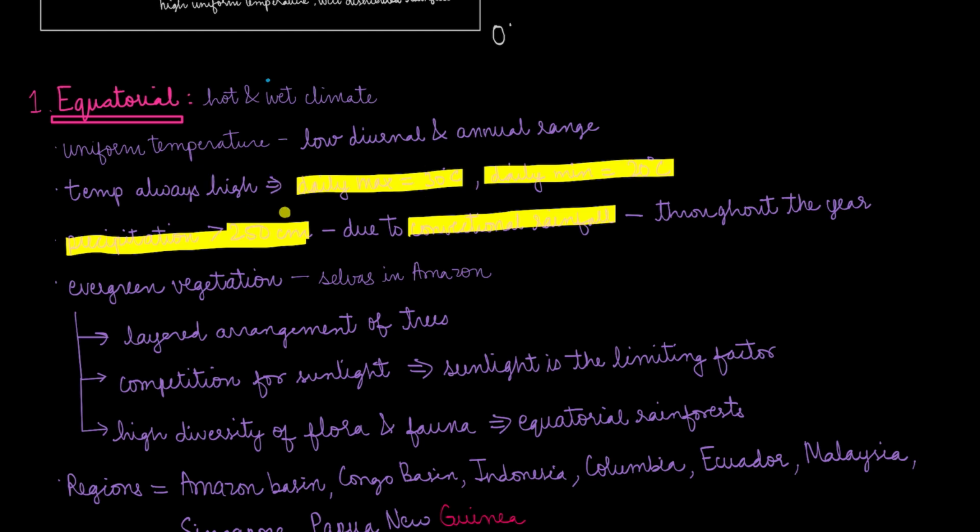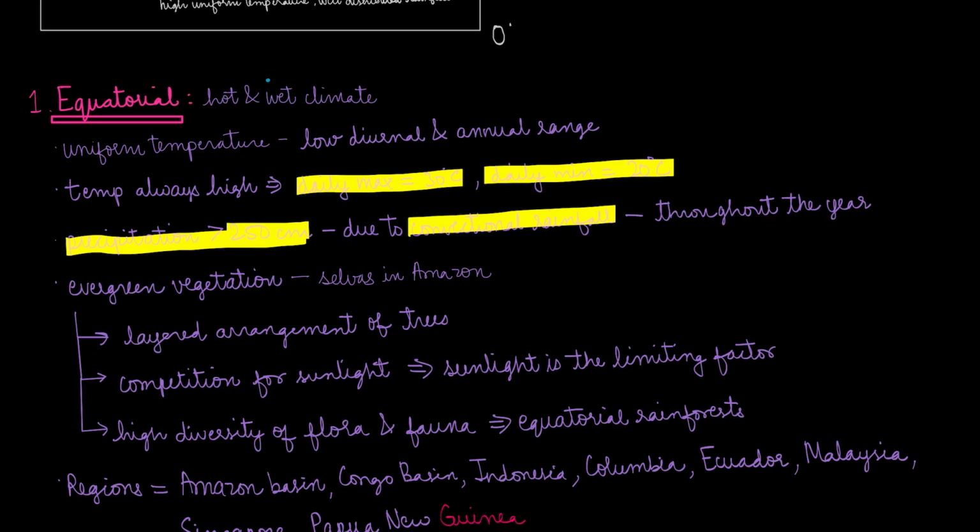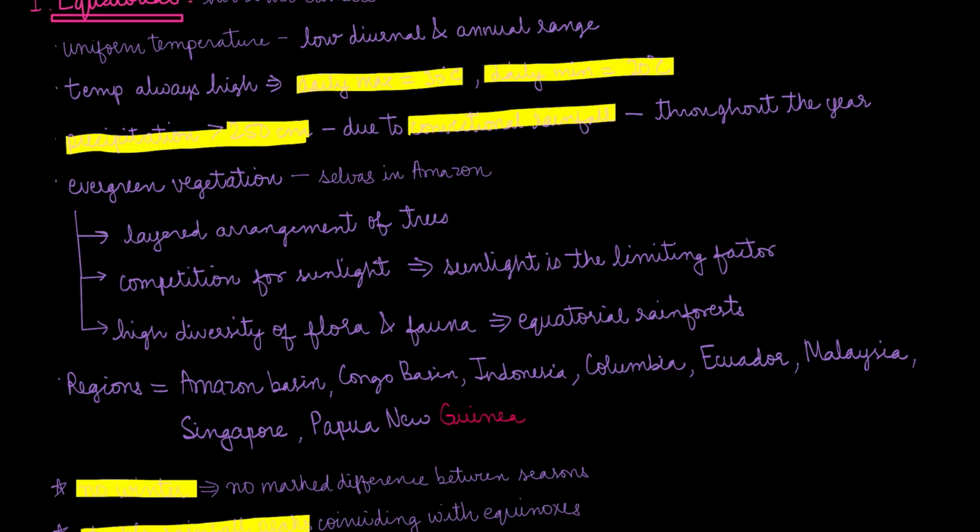The precipitation is more than 250 centimeters. Closer to the equator, more clouds form, and thus the precipitation is high due to convectional rainfall throughout the year. The type of vegetation is evergreen vegetation, which is called the selvas in the Amazon. These trees are arranged in layers.